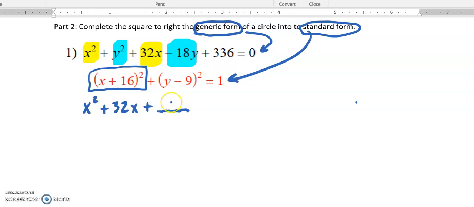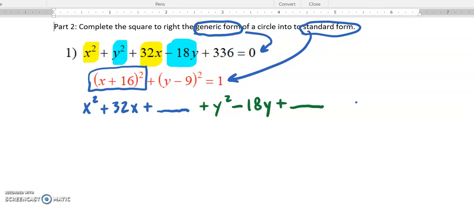So I'm leaving a blank there to complete my square to end up with this perfect square binomial. And then I'm going to include my y values, which is y squared minus 18y plus another blank. So I'm going to do the same thing. I'm going to complete the square twice now in the generic form to create the standard form.